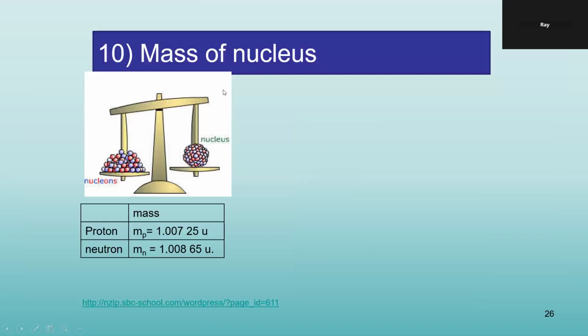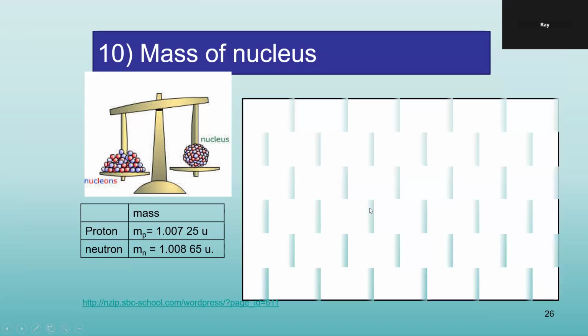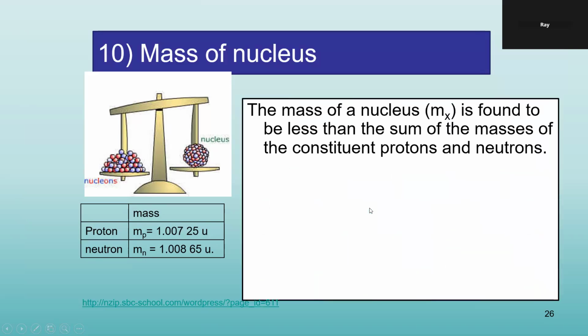Okay, mass of nucleus. This is the mass of the nucleons that make up the nucleus. This is the nucleus. Right? The mass of proton, the mass of neutron. The mass of the nucleus is found to be less than the sum of the masses of the constituent protons and neutrons.